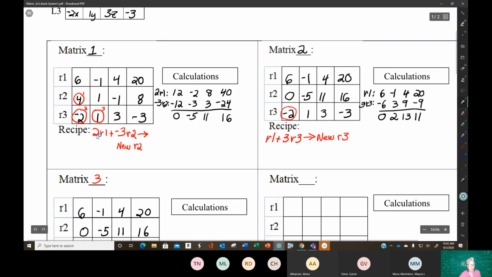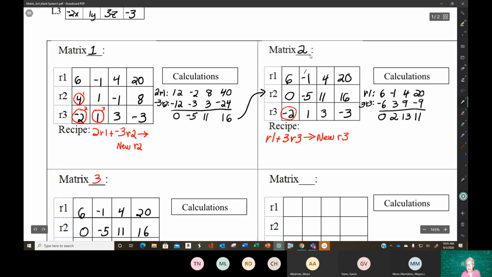And we figured out, well, 2 times all of these numbers will give me a 12 in this position, and negative 3 times all these numbers will give me a negative 12 in this position. So I did that, and this is what I got, and I added them together, and this was my new row 2, which I put in. Let me even put an arrow here. I put that in there. And then row 1 and row 3 remain the same.